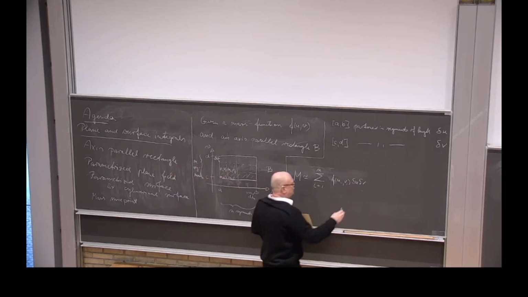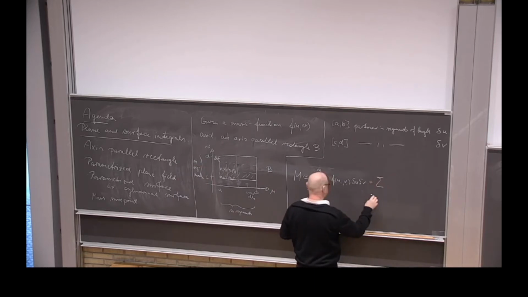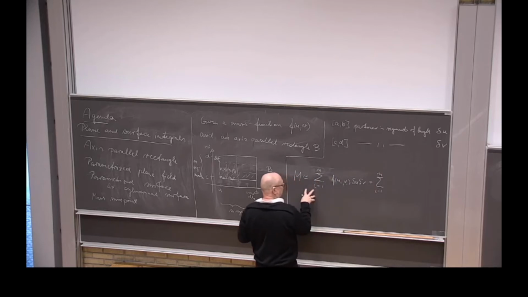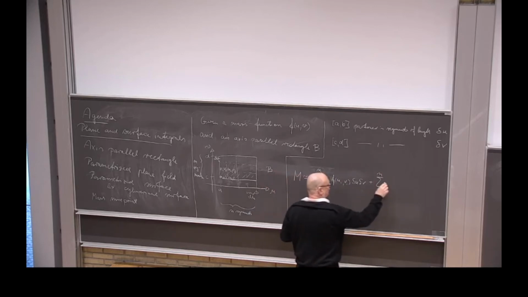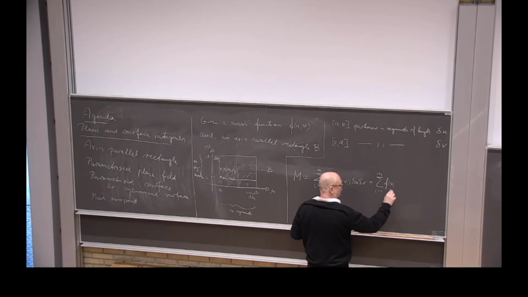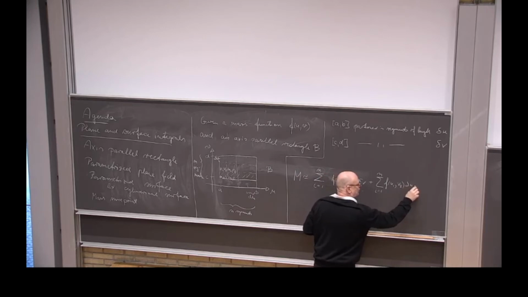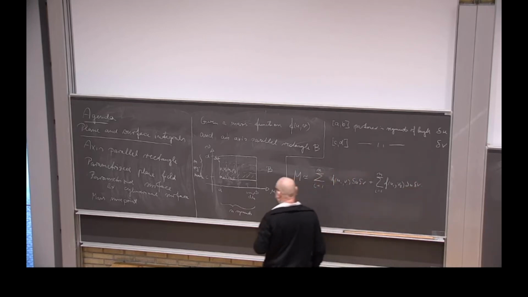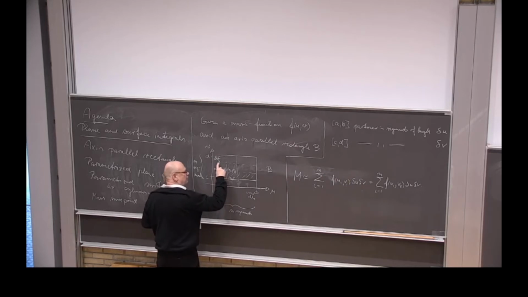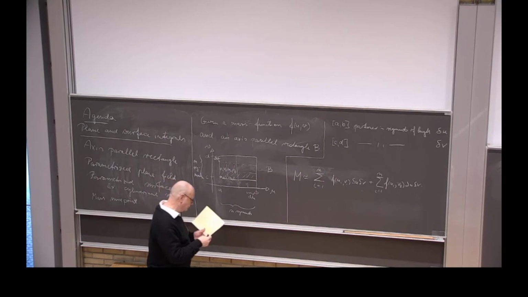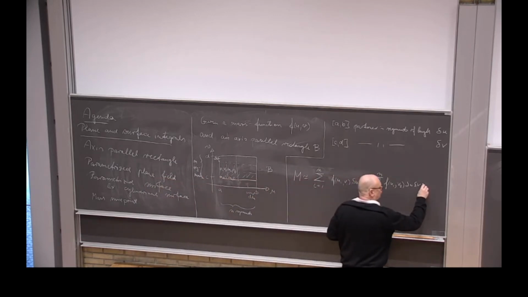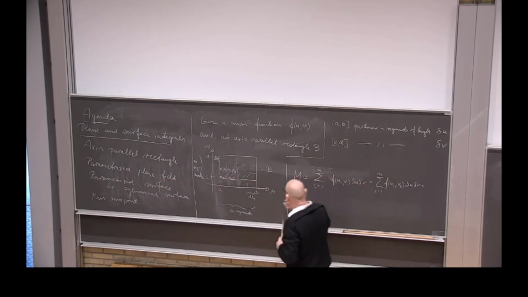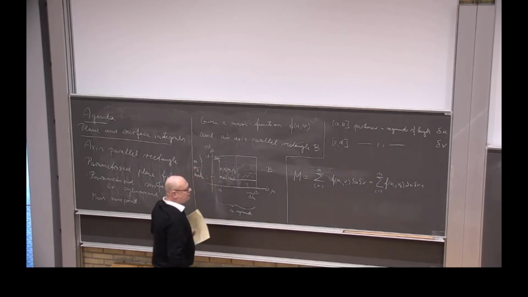If I then add the second strip, I get f of u_i, but then I should have v2, because now I've moved up here and then I have all these values here. And this will, of course, continue until I have covered all the strips in the V direction.